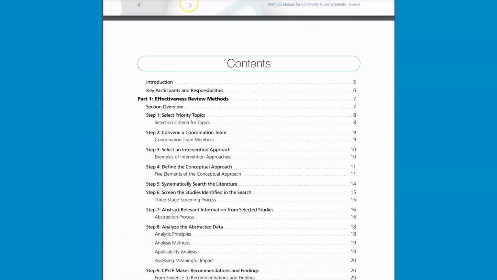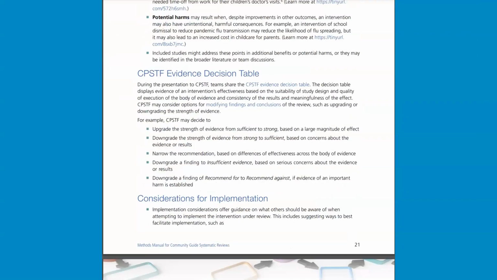So that shows how the modifications are made in recommendations. That's the evidence decision table. And then considerations for implementation. Implementation considerations offer guidance on what others should be aware of when attempting to implement the intervention under review.